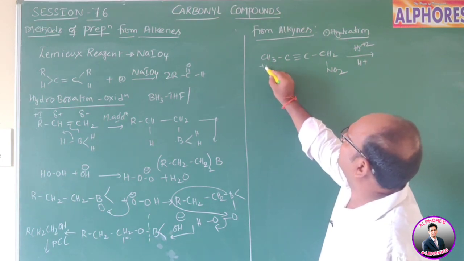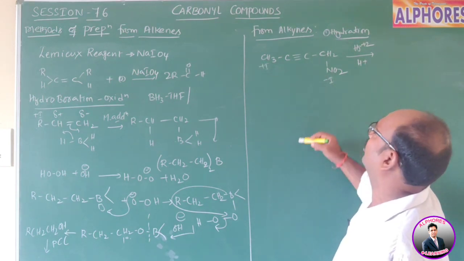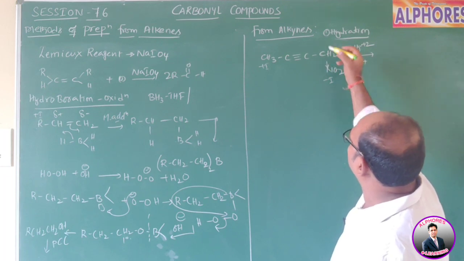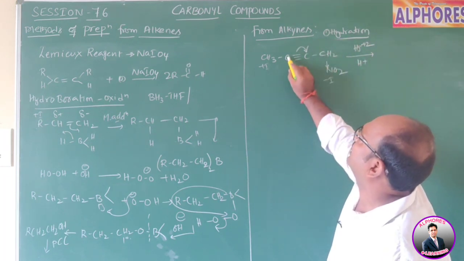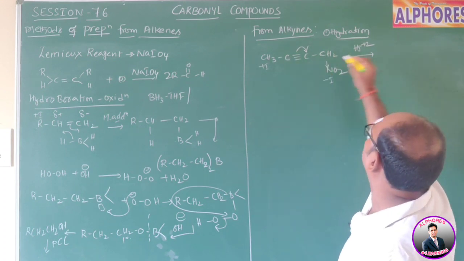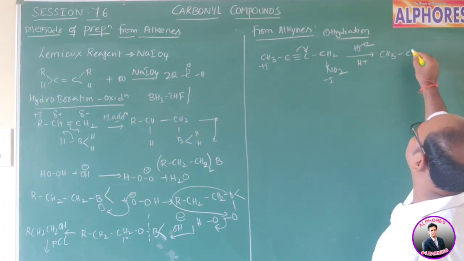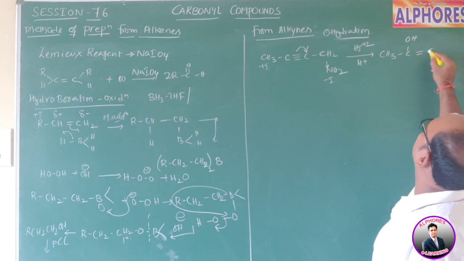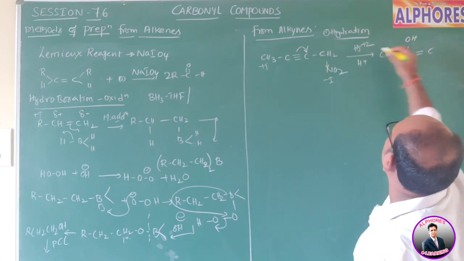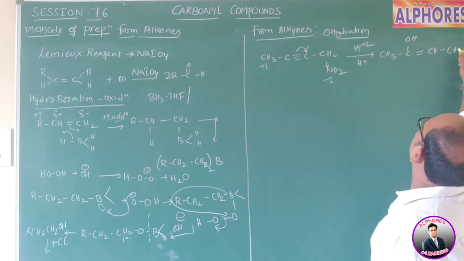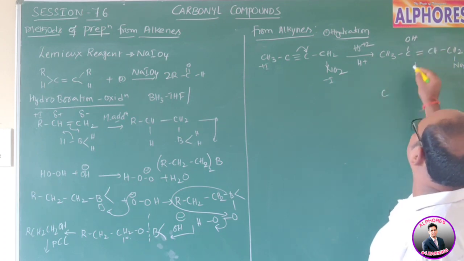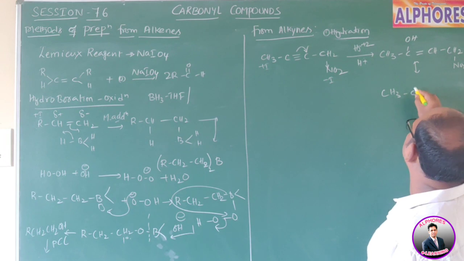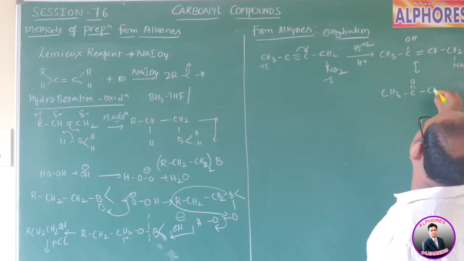This one is a +I group and this one is a -I group. Because it is a strong electron pulling group, these electrons are shifted towards this carbon. Hence, the water molecule has to come and attack this carbon. The resultant we get is CH3-C(OH)=CH-CH2NO2, and this upon tautomerization gives CH3-C(=O)-CH2-CH2NO2.